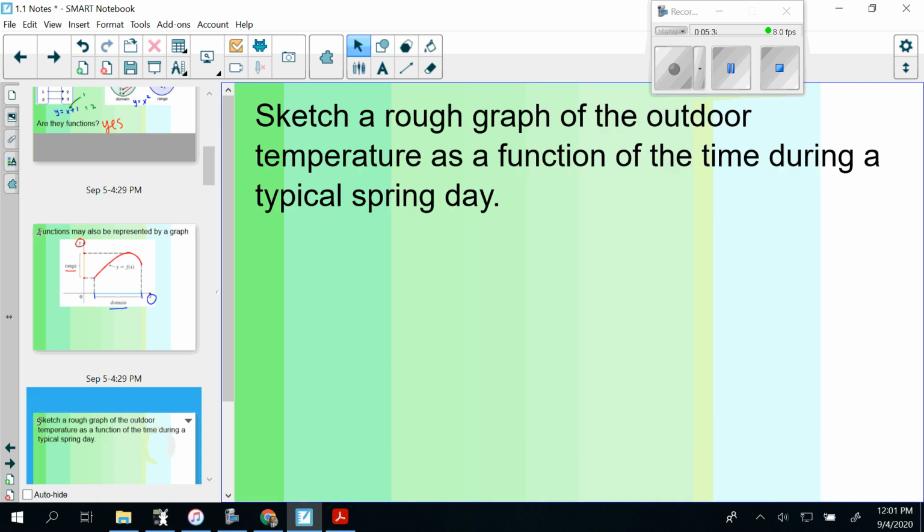All right, last thing, pause the video again here. See if you can sketch a rough graph of the outdoor temperature as a function of the time during a typical spring day.